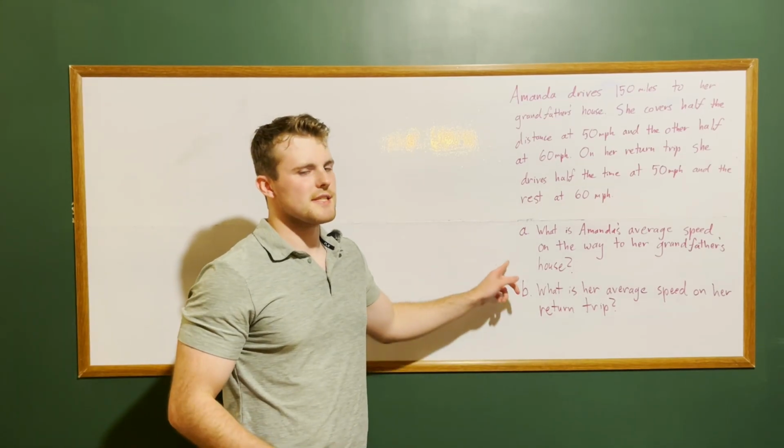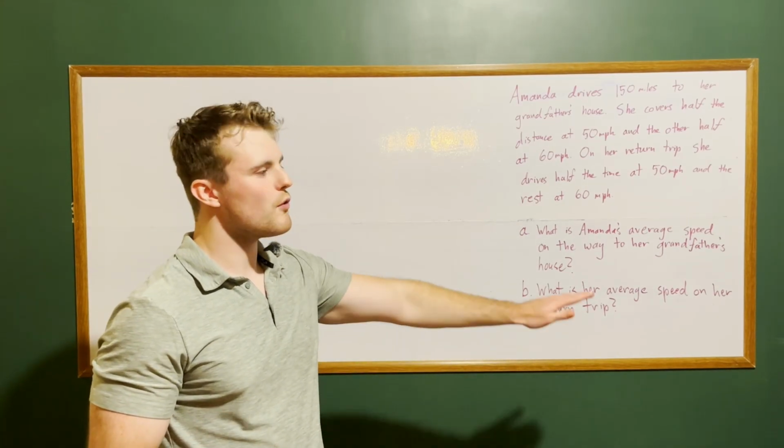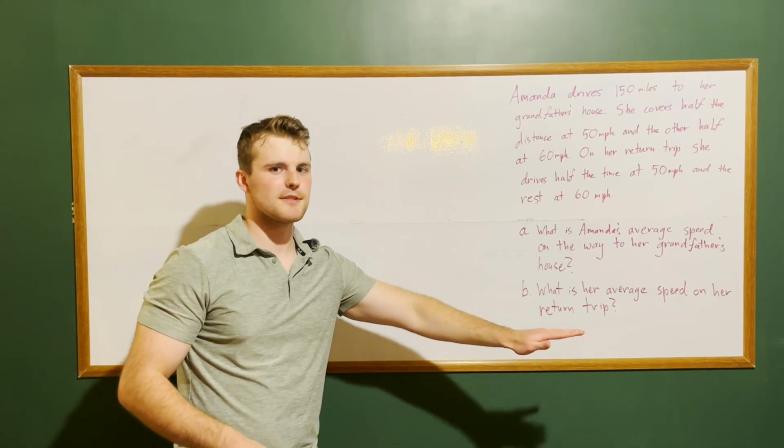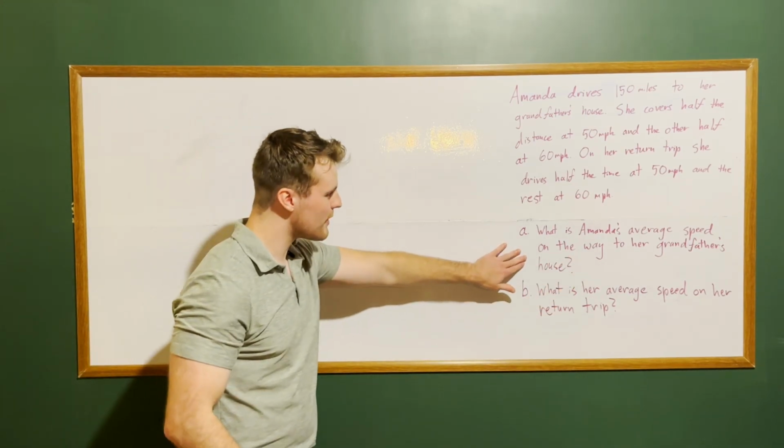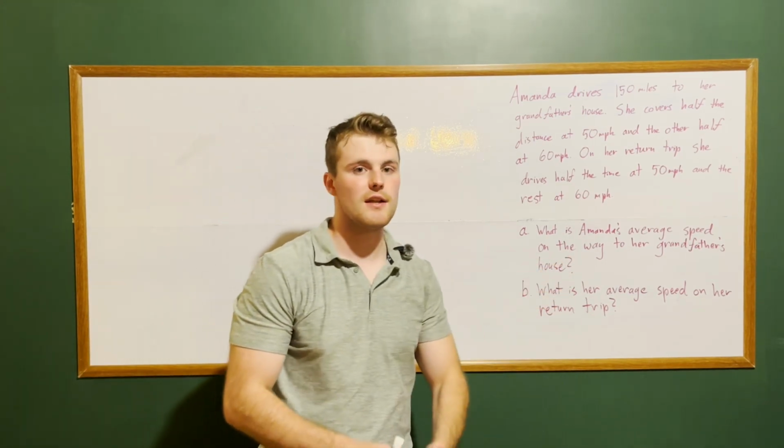Whenever a question is asking for something, I like to write the formula for it straight out of the get-go to see what we're working with. So the first question, part A, is asking for average speed on the way.